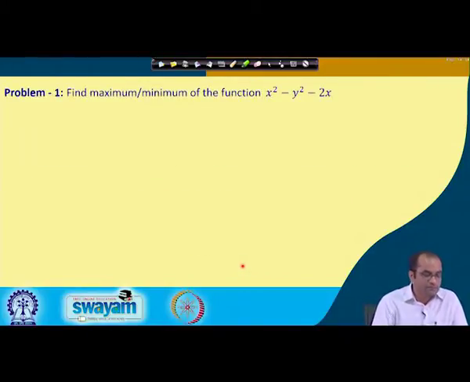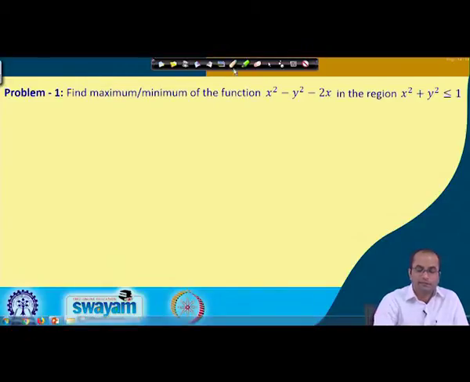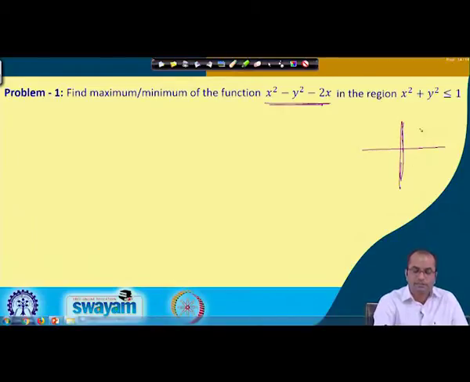We want the maximum and minimum of the function x square minus y square minus 2 x in the region x square plus y square less than or equal to 1. So, the constraint is given: we want to find the maximum and minimum of this function under the condition that x, y satisfies x square plus y square less than or equal to 1.